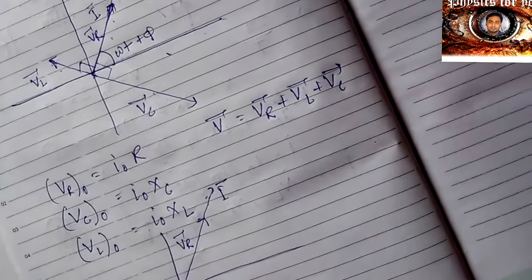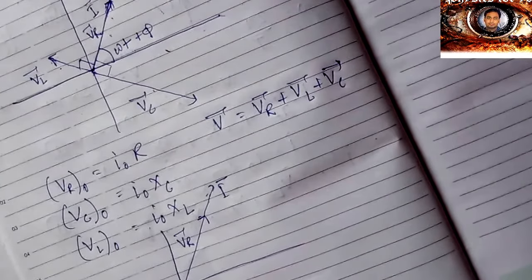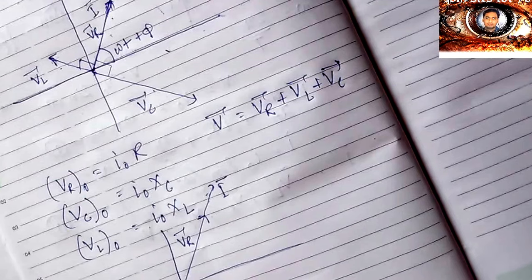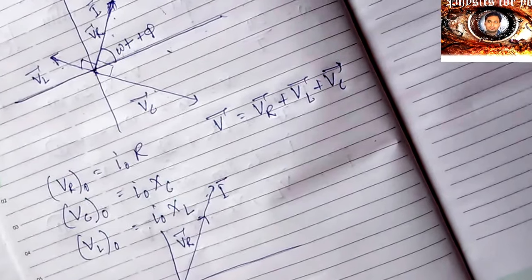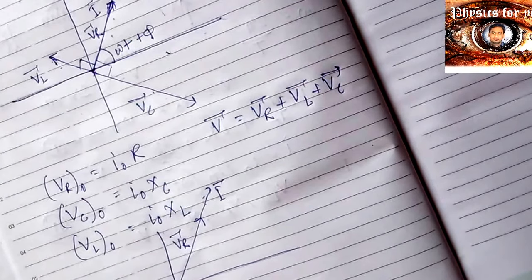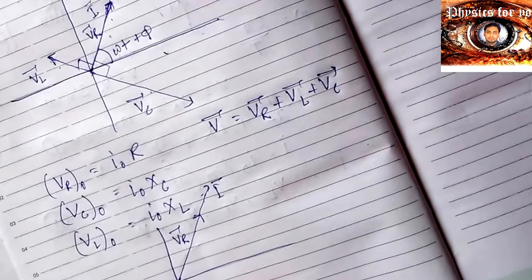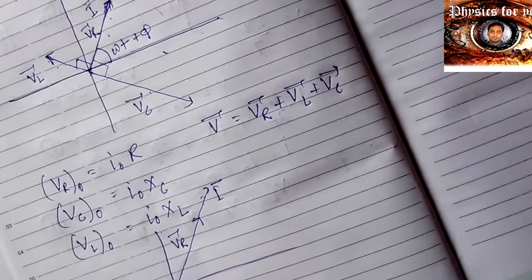So we should subtract VL from VC, as they are in opposite direction, that is 180 degree out of phase, and it is given by VC plus VL. Remember that this is the vector sum, so I have not taken the minus sign here.